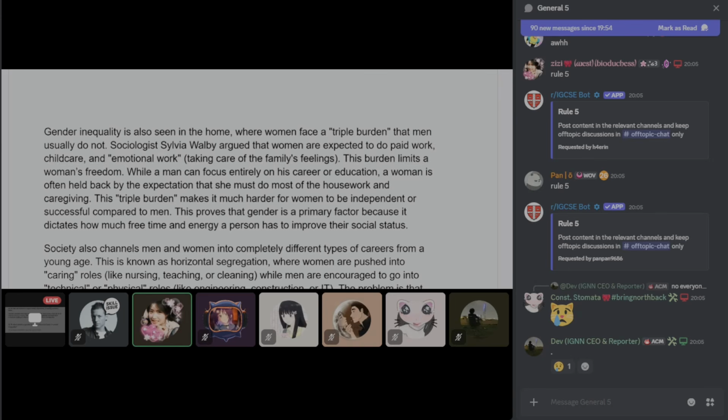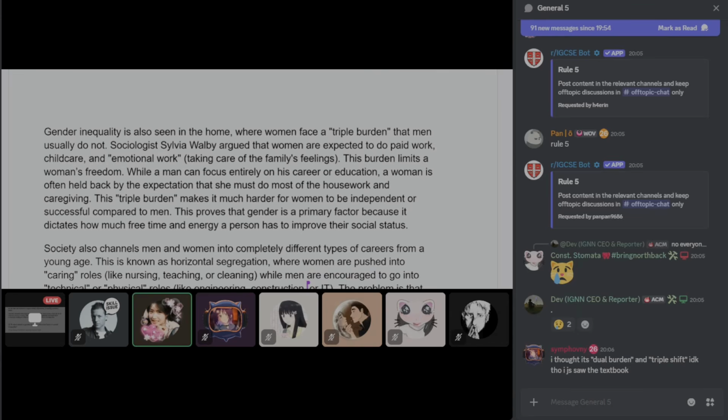A woman is often held back by the expectation that she must do most of the housework and caregiving. This triple burden makes it much harder for women to be independent or successful compared to men. This proves that gender is a primary factor because it dictates how much free time and energy a person has to improve their social status.